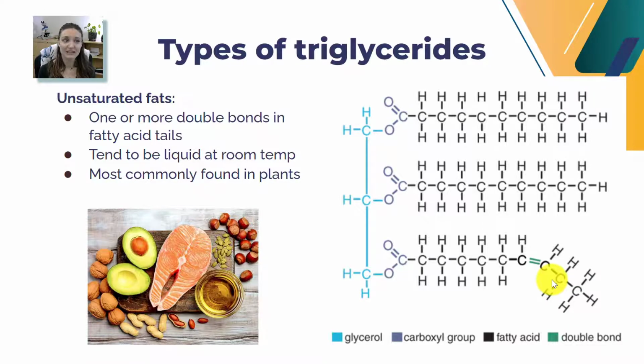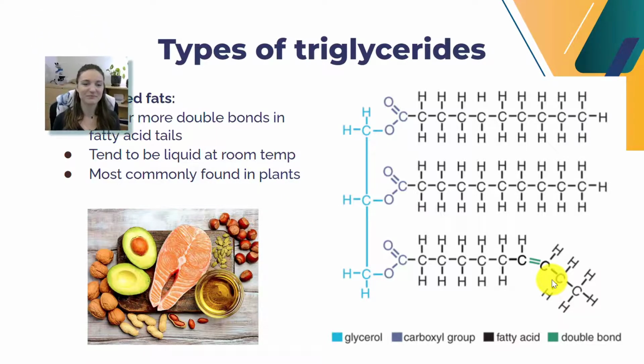These types of fats, unsaturated fats, tend to be most commonly found in plants. They're the quote-unquote healthy fats. So things like olive oil or any oil derived from plants, nuts, seeds, things like that would be an unsaturated fat, or omega-3 oils would be an unsaturated fat too, okay? So they tend to be liquid at room temperature because of that double bond, because they're not saturated with hydrogens.